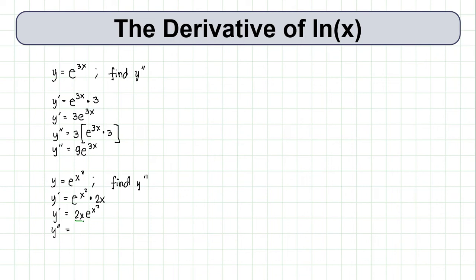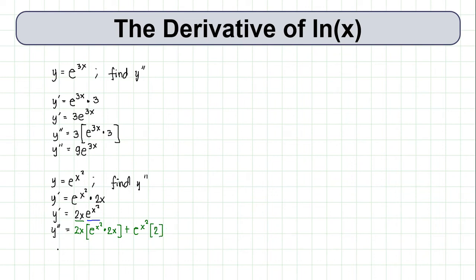So, we have the first function and yung ating second function. Okay? So, sabi, first function times the derivative ng second function. Anong derivative ng second function? E to the x squared times 2x ulit plus the second function, e to the x squared times the derivative of the first function which is 2.